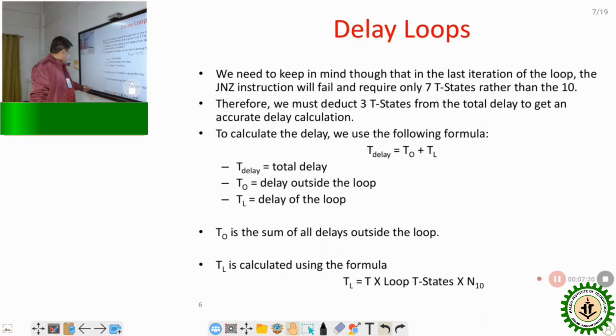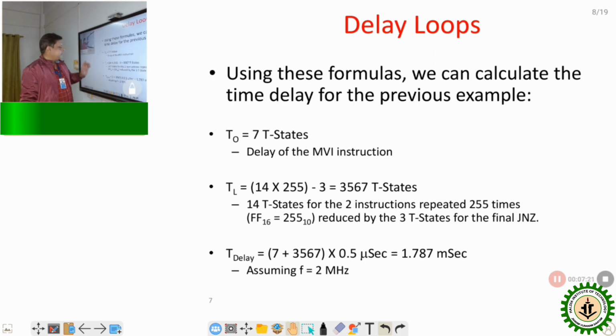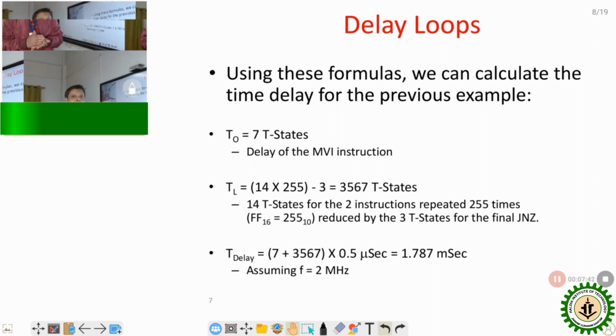Now, let us assume that the microprocessor's working frequency is 2 MHz. In that case, 14 T states will be repeated 255 times, which is inside the loop, minus 3, because in the last iteration, the jump on no zero condition will not be satisfied and it will have 7 T states.